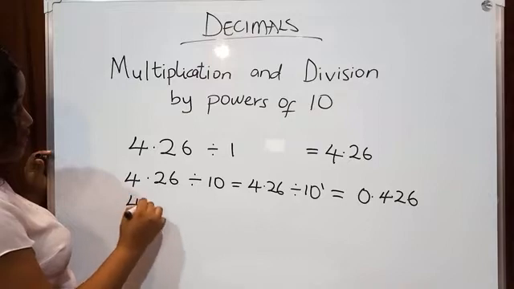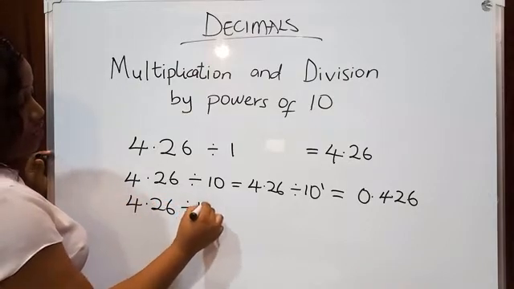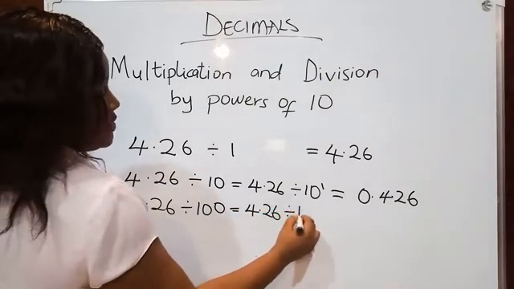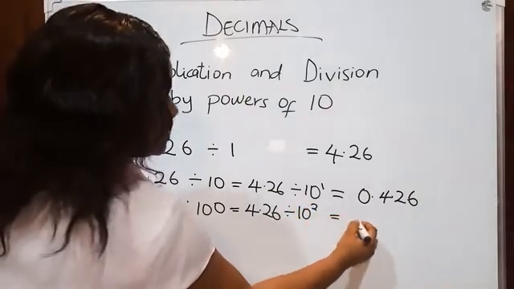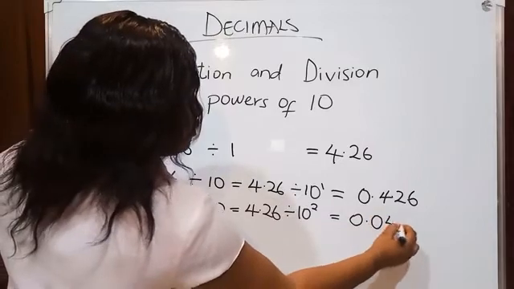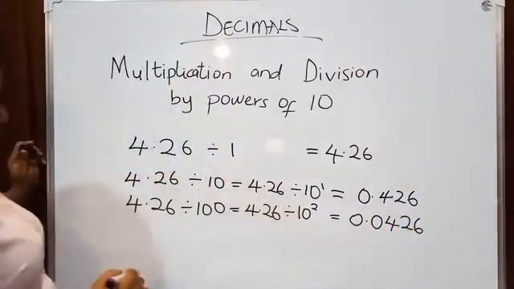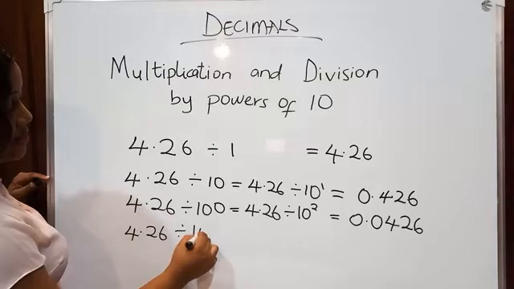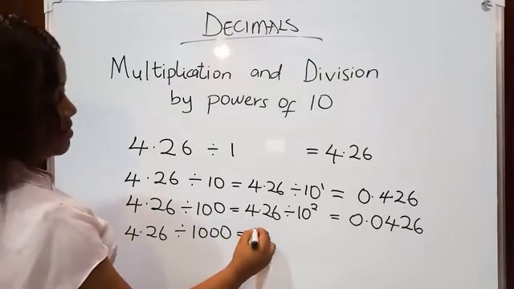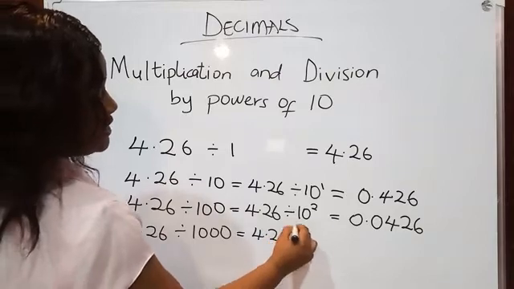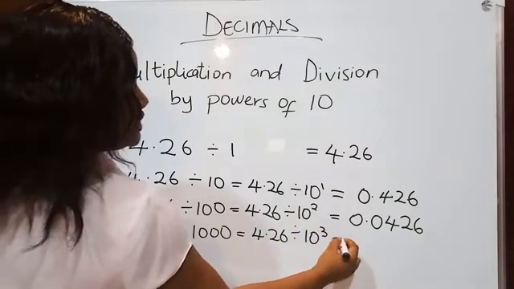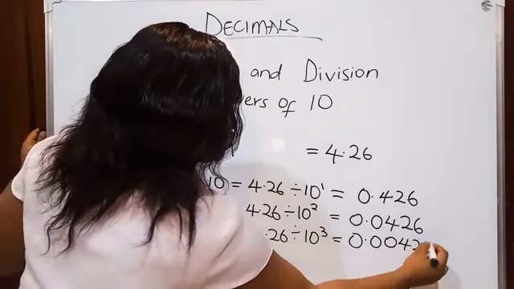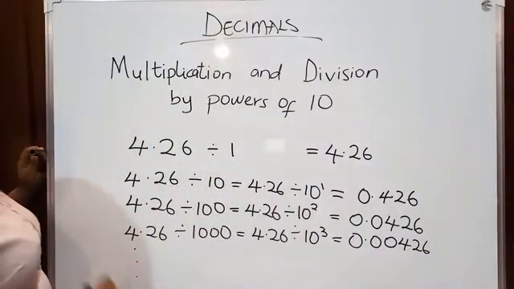So if you have 4.26 divided by 100, it gives us 4.26 divided by 10 raised to power 2, which gives us 0.0426. We can have 4.26 divided by 1,000, which is the same as 4.26 divided by 10 raised to power 3, and it gives us 0.00426. And it goes on and on.